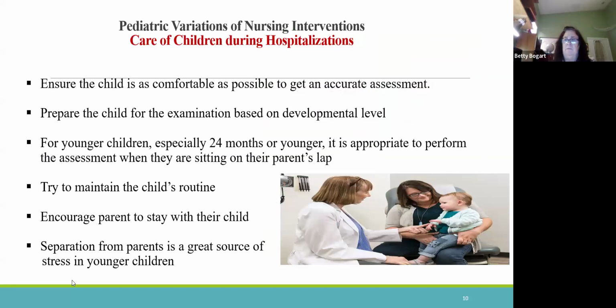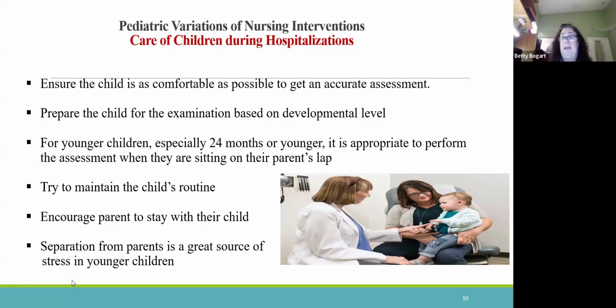Now, children, how do we examine them? Well, first of all, get the kid comfortable. One way to get a kid comfortable is on mommy's lap. It is actually a program I developed down here in Miami. It's about parents holding children for injections, sutures.